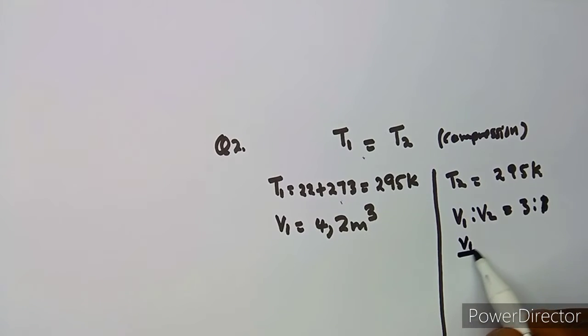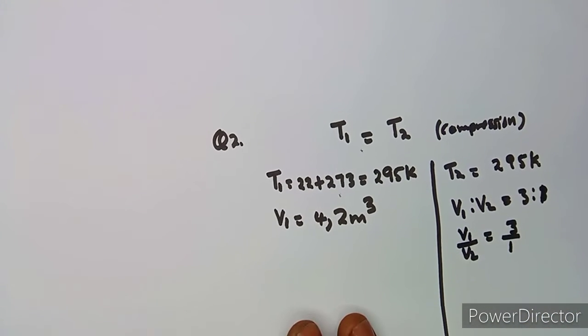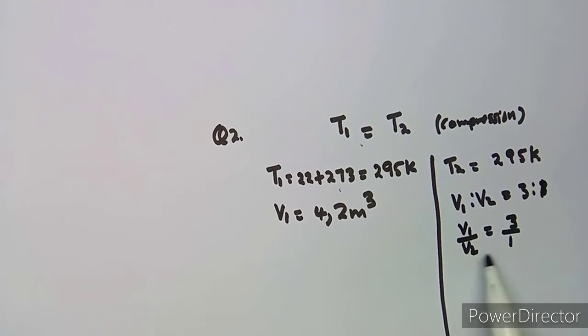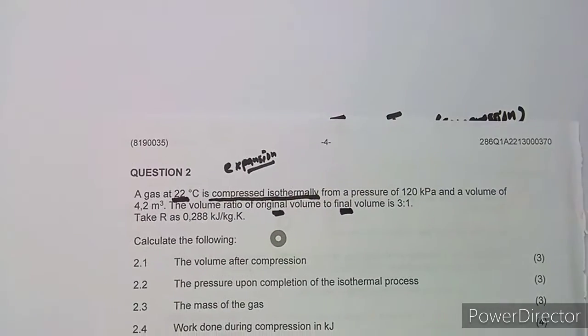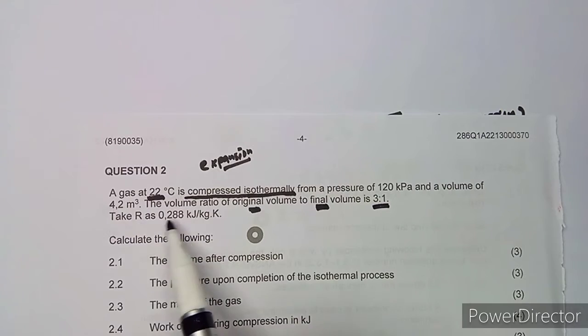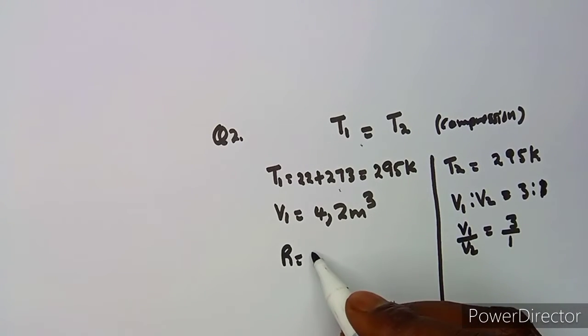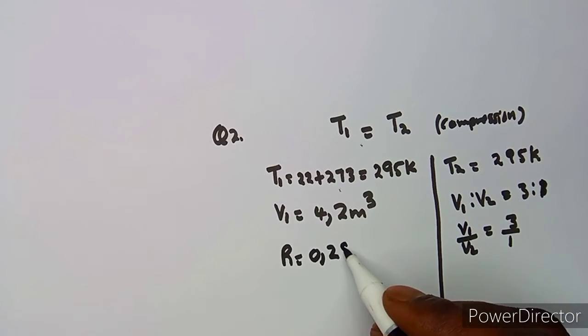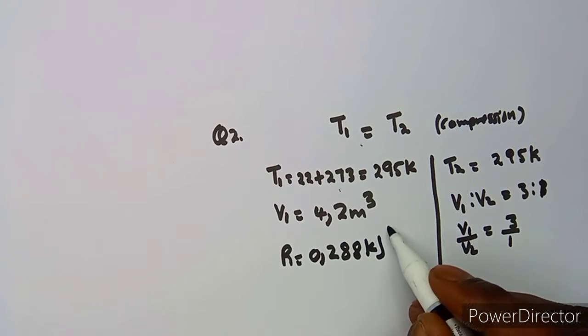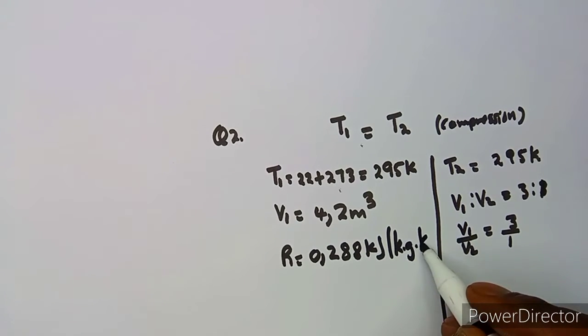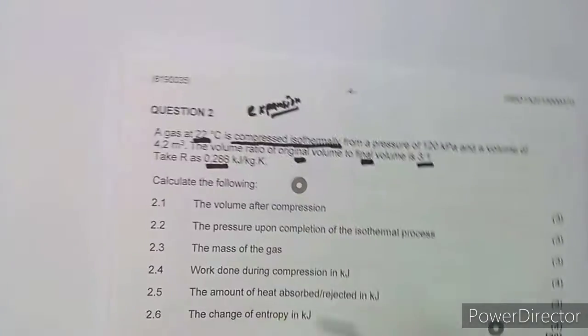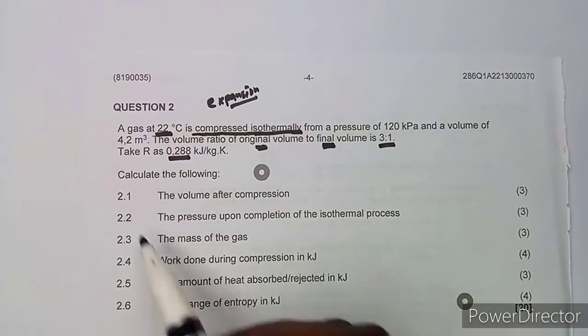Or you can write this as V1 over V2 is equal to 3/1, which means we can play around with this to find V2. And R, the gas constant, is 0.288 kilojoules per kg Kelvin. So we are not going to waste much time. This is the information. Let us quickly run through the questions.